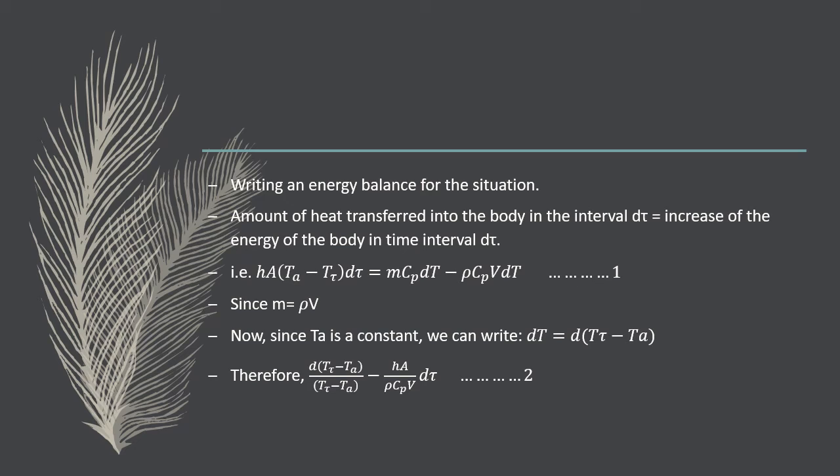Since m equals rho V, therefore dT by d tau equals minus hA by rho Cp V (T minus T infinity), where dT is equal to d(T(tau) minus T infinity).